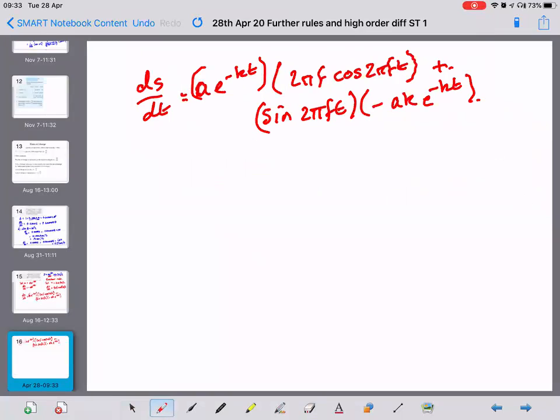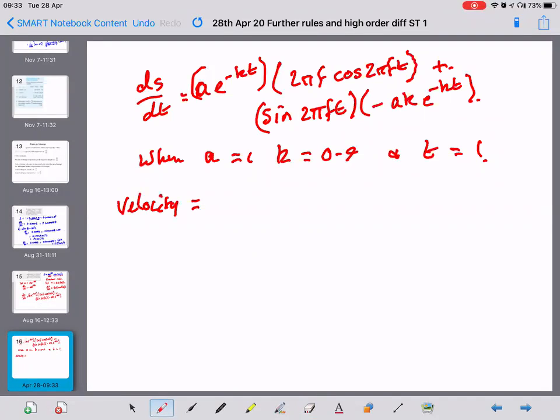So from there, when a equals 1, k equals 0.9, and t equals 1. Velocity equals ds by dt, which is, you've got to put a in. a is 2.